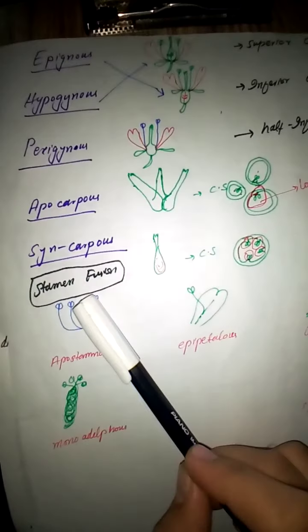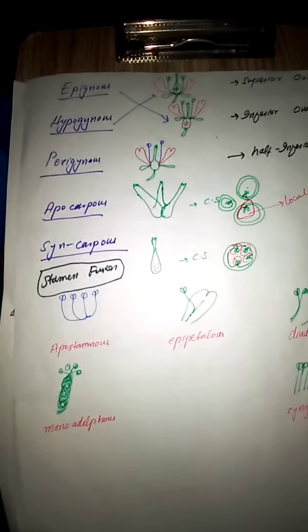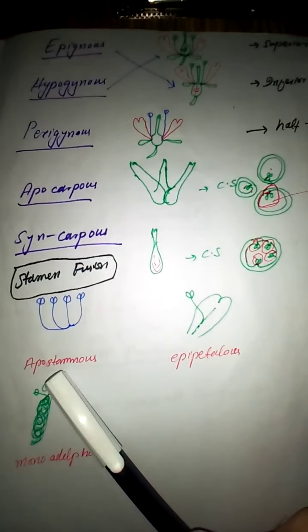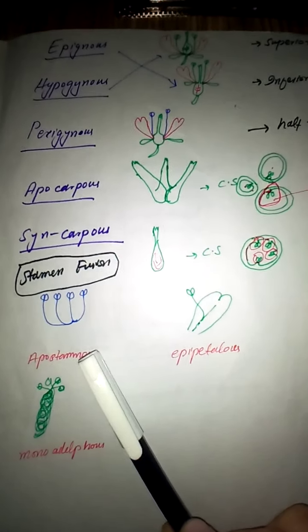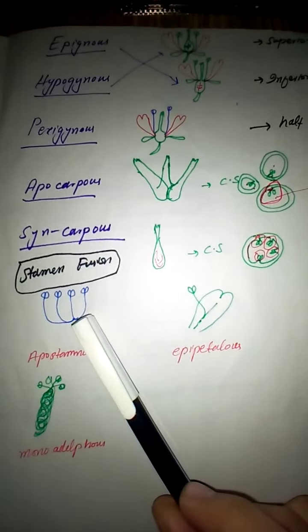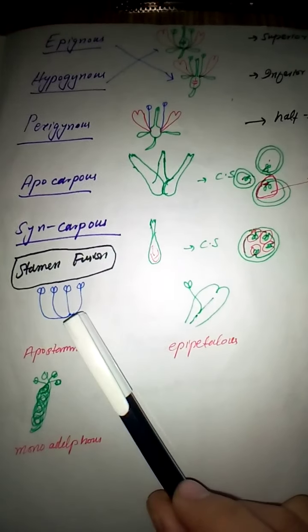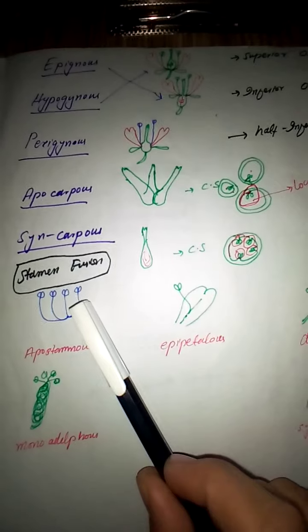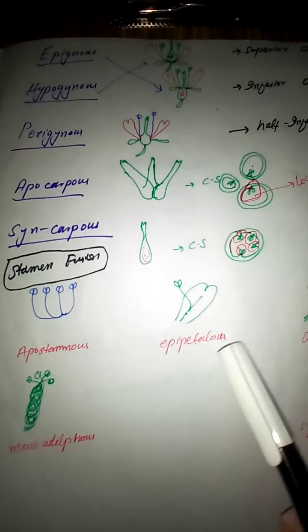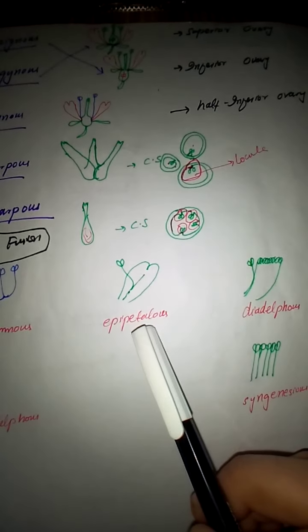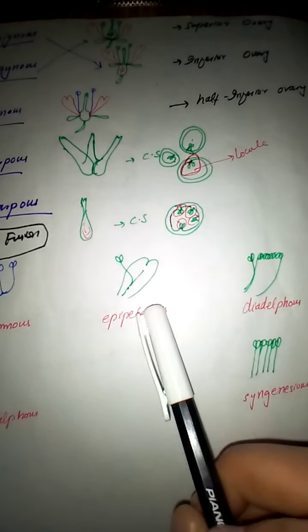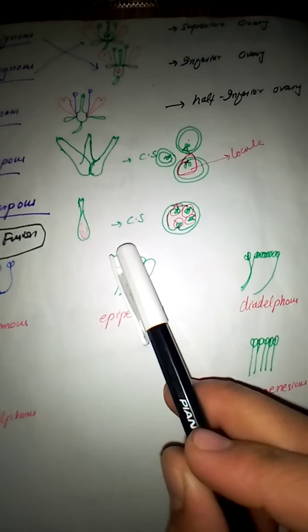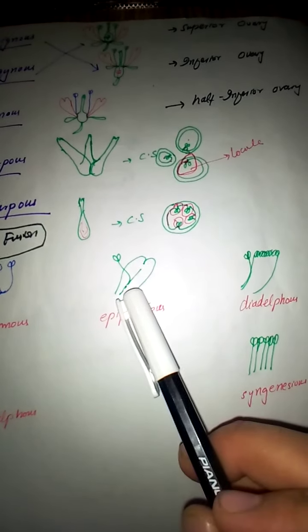There are some other terms that are based on stamen fusion. Apostemonous is the condition in which all the stamens are free, not fused with each other. Look at the structure. The other one is epipetalous. Epipetalous is when the stamen arises from or is present on the petal.